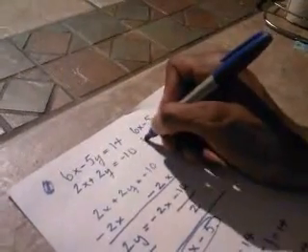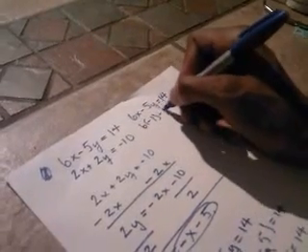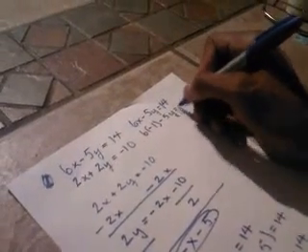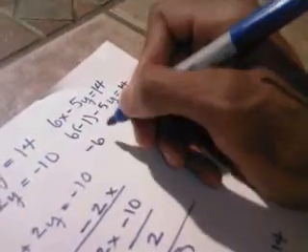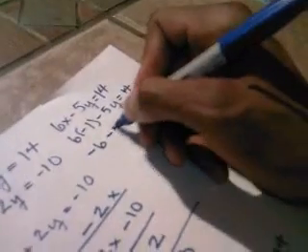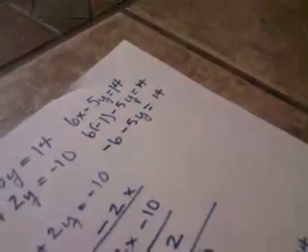So you would write 6 times parentheses negative 1, minus 5y. And what you're doing in this problem is solving for y. So 6 times negative 1 is negative 6, and then you have the rest of the problem. Minus 5y equals 14.